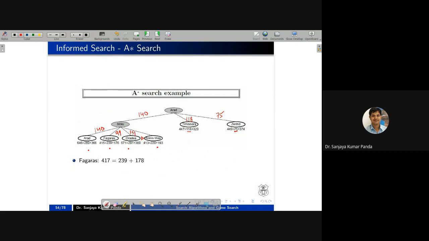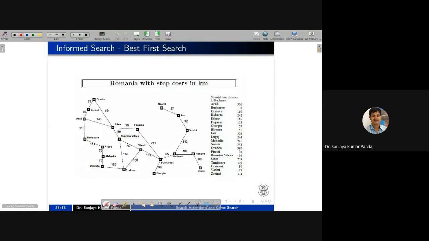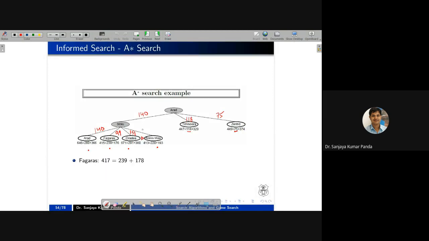S to R, it is 80. Now you can see how the values come. 140 plus 140 is 280, 140 plus 99 you will get 239, 140 plus 151 you will get 291, and 140 plus 80 you will get 220.